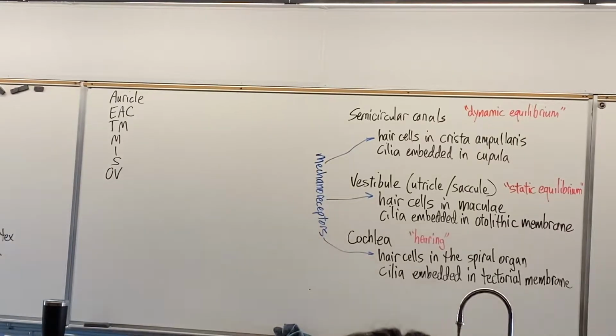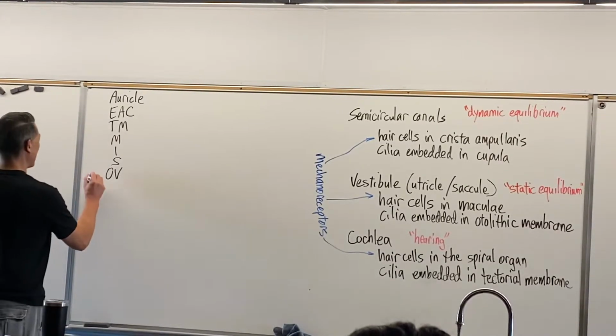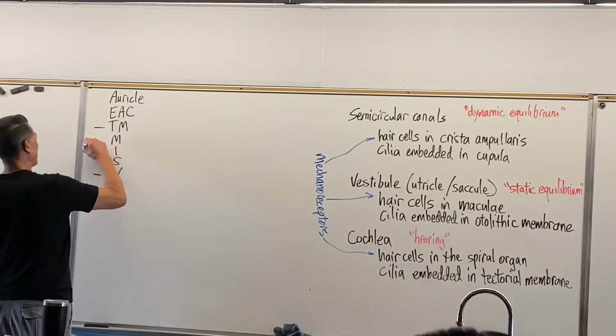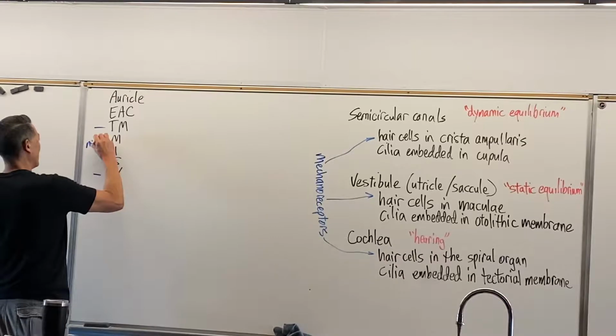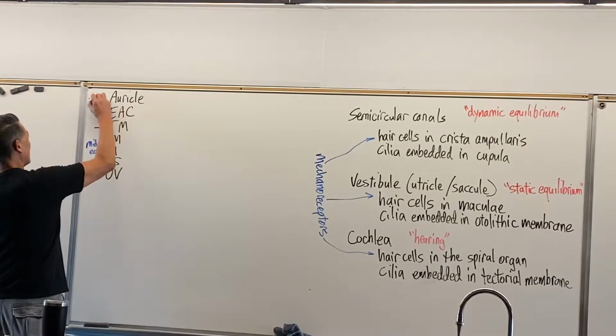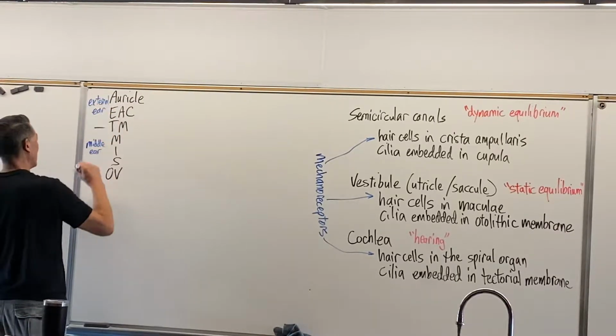So far so good? So this is the border line from middle ear in blue, so this is middle ear. It's external ear. Inner ear.